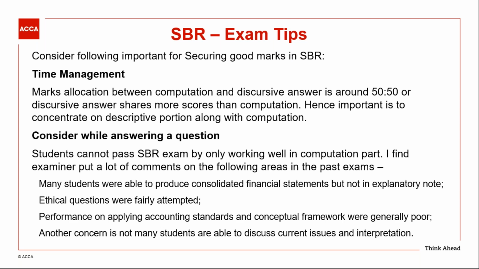If the examiner has asked you specifically about the lenders of the business, you must interpret how the lenders of the business would be impacted, rather than answering generally how this has impacted the stakeholders overall. I hope that makes sense.